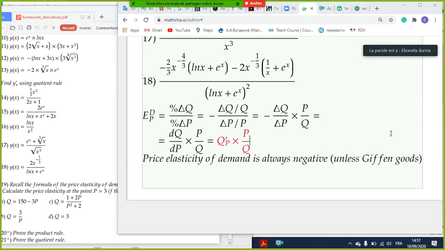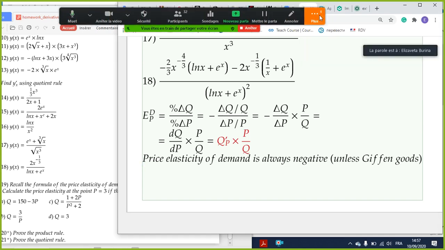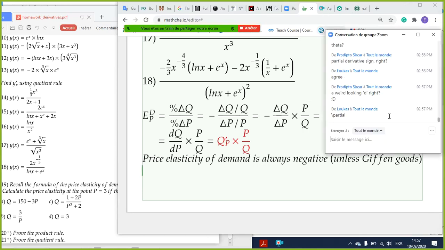Well, anyways, let's go on with the examples. So the first one is the most standard linear demand function. And for the linear demand function, maybe some professors in undergrad made you memorize the special formula for, oh, okay, partial, thank you.